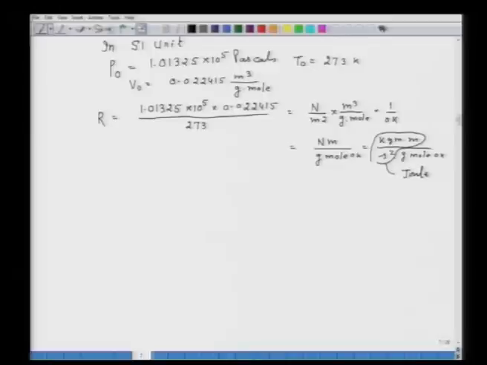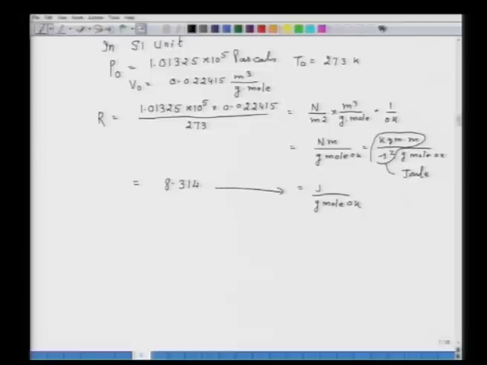So, the unit has become joule upon gram mole degree Kelvin, and if I solve here, that will be equal to 8.314 joule per gram mole degree Kelvin.